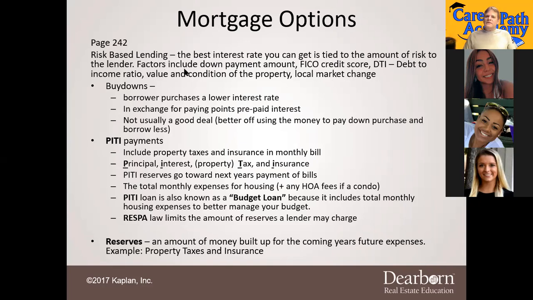So the factors that go into your risk are your credit score, your Fair Isaac credit score rating, the FICO score, and the DTI, that's your debt to income ratio, okay? It doesn't matter how much money you make. How much money do you make and how much debt do you have?